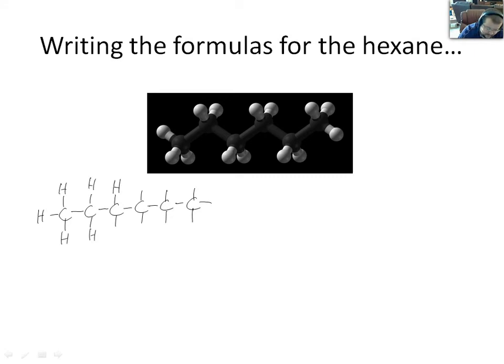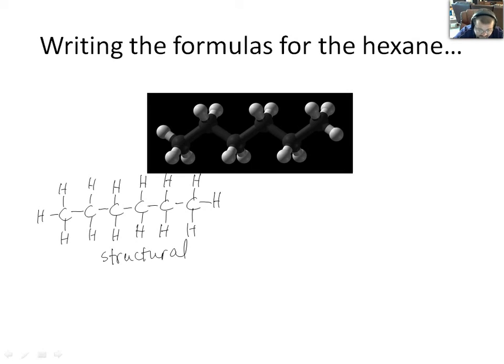So bear with me a moment while I fill in all our hydrogens. Alright, there we go. This would be our structural formula.